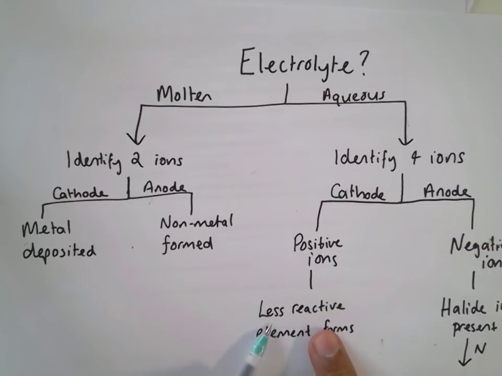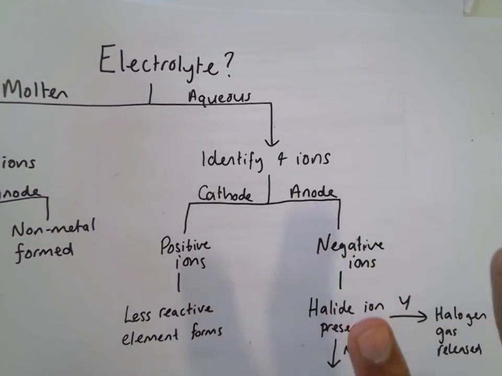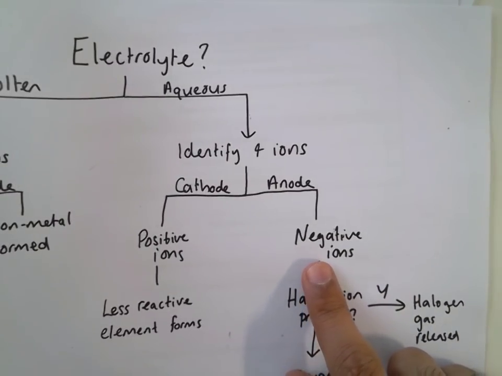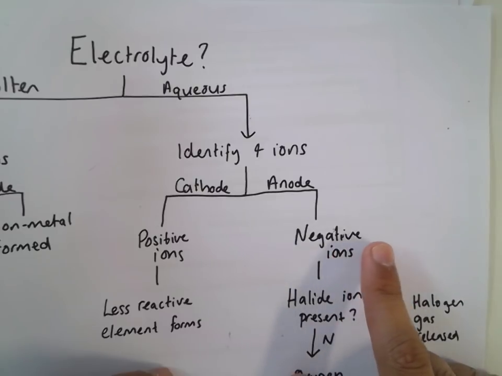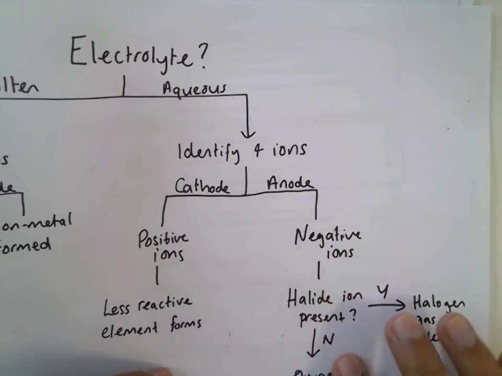Only one of those will form an element, and that's always the less reactive one on the reactivity series. At the anode, two ions will be attracted to the positive electrode. The two negative ions will be the hydroxide OH- ion and the non-metal ion as well.